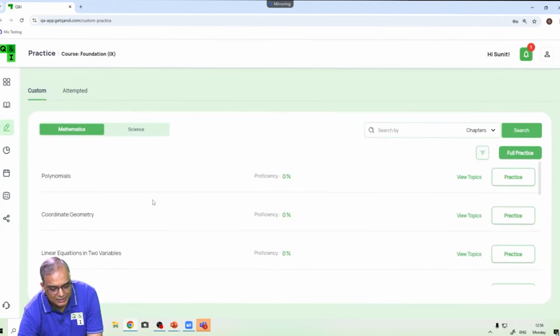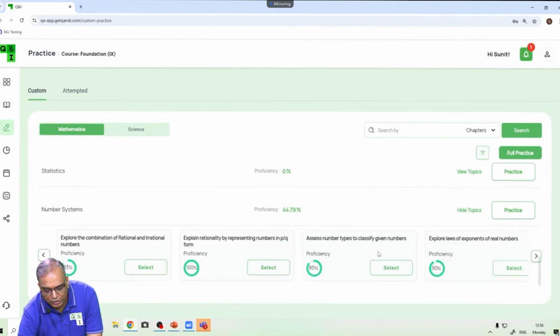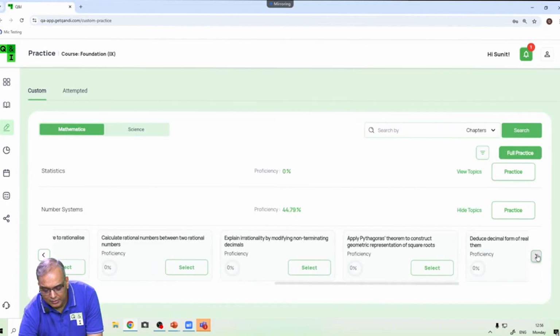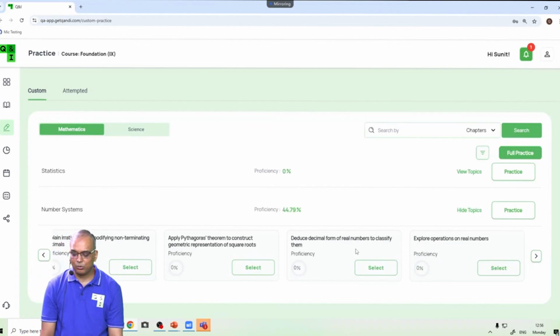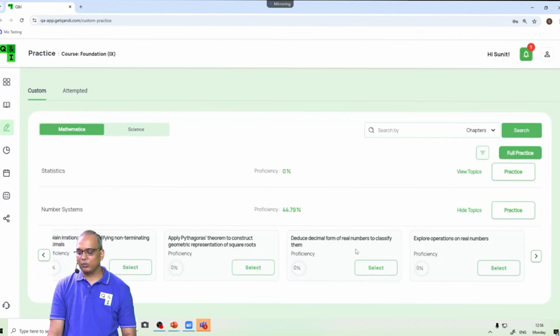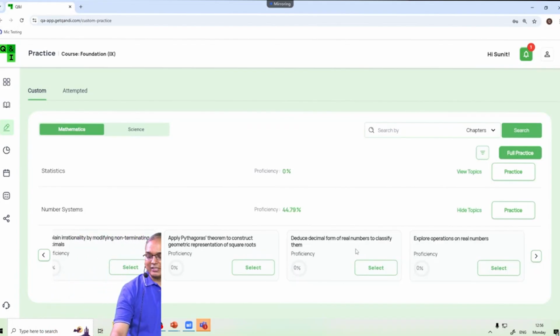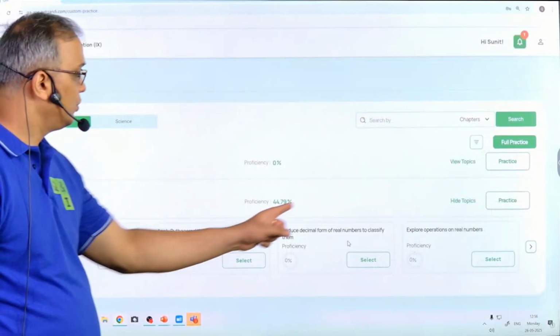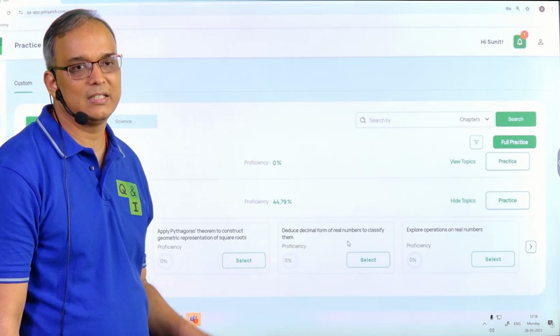Here in mathematics, we'll look for number system. We'll view the topics here, and in the topics, deduce decimal form of real numbers to classify them. This is the homework for today. You can check it here, students. This is the topic which you need to practice today.